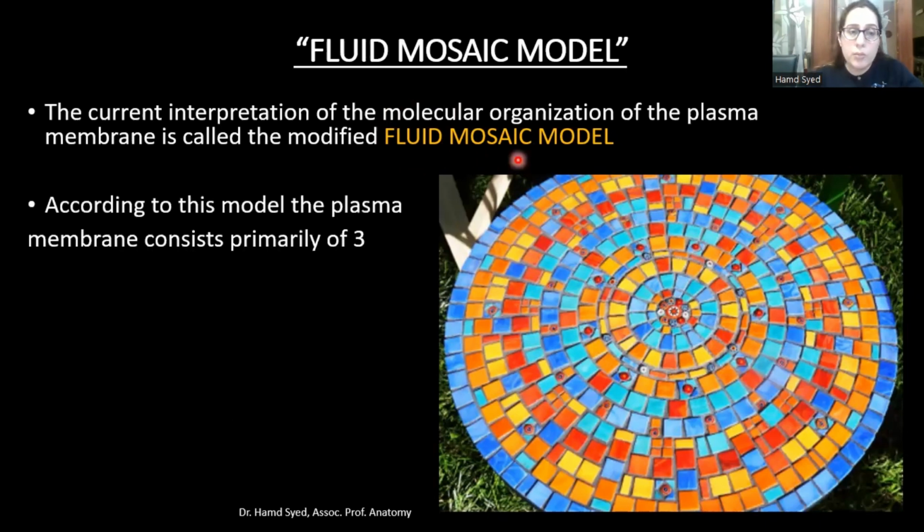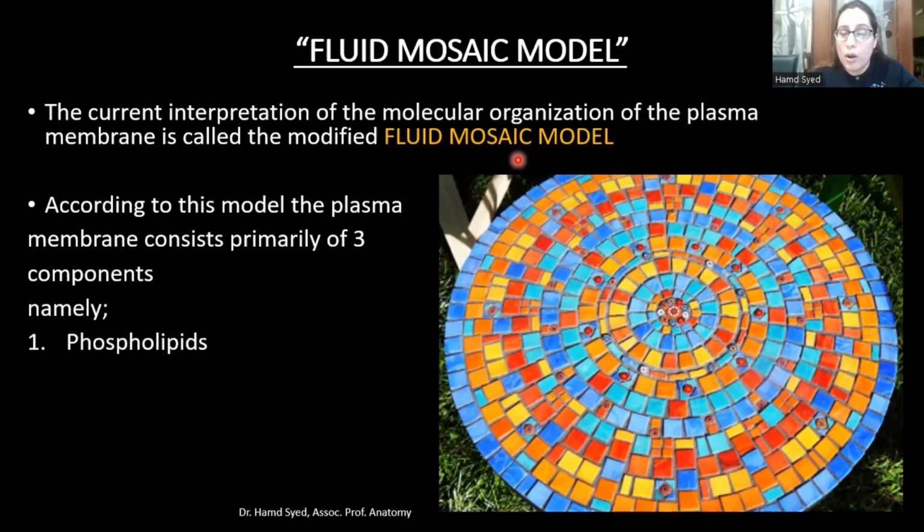According to this model, the plasma membrane primarily consists of three components. Now here we're coming to the actual components of the plasma membrane. Remember, there are three components: number one, phospholipids; number two, cholesterol; and number three, proteins. These are the three primary components of the plasma membrane.